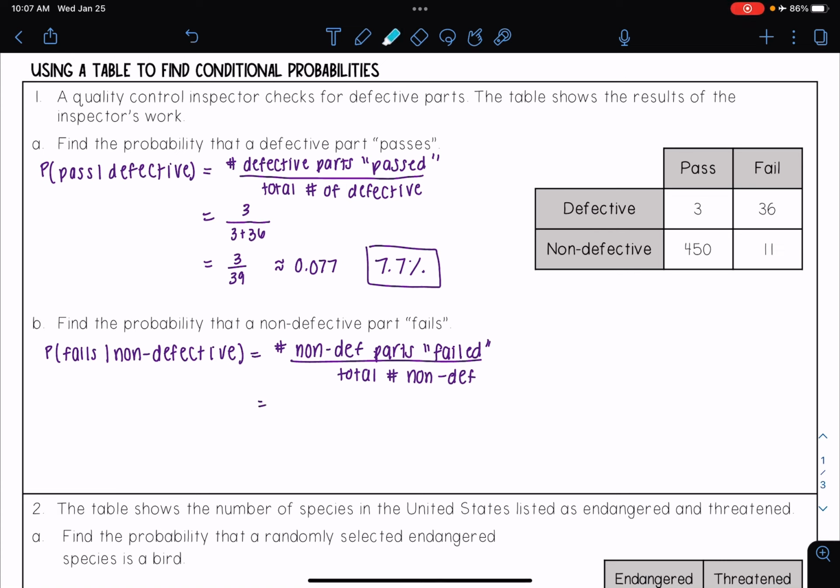So looking at this table, the number of non-defective that failed is 11. So it's going to go on top. And then the total is going to be 450 plus 11. So that comes out to be 11 over 461, which when we divide that is approximately 0.024. So in other words, a 2.4% chance.